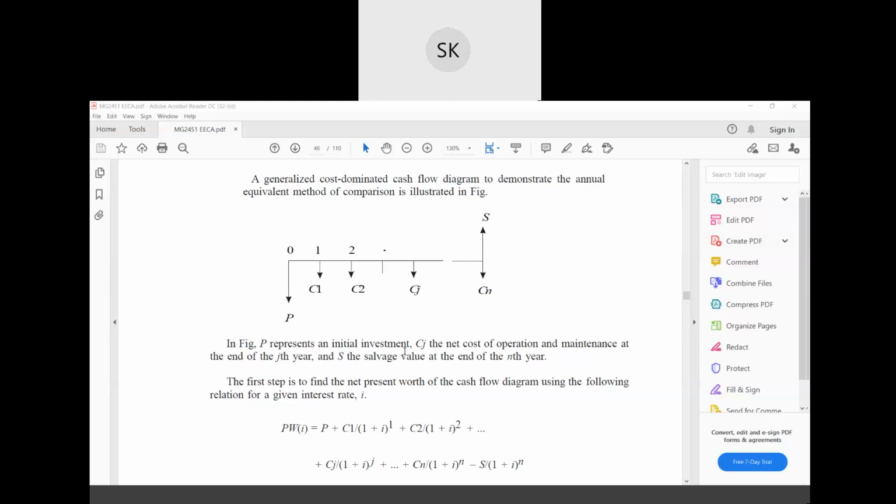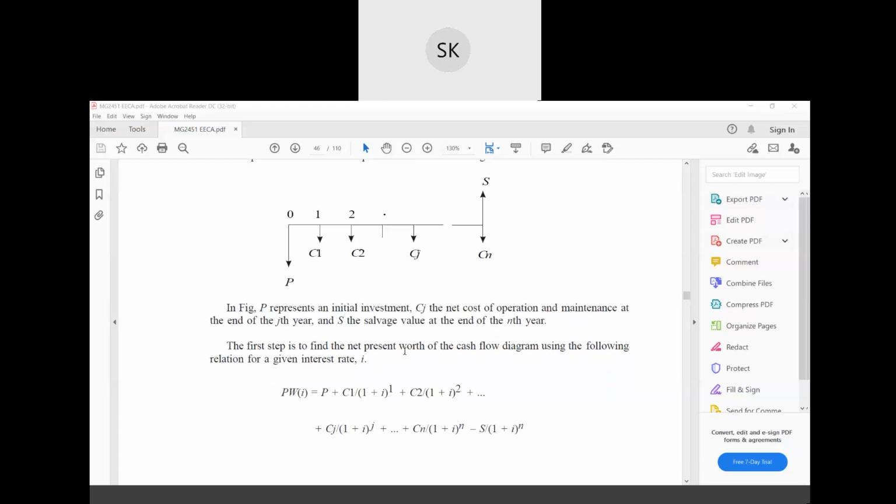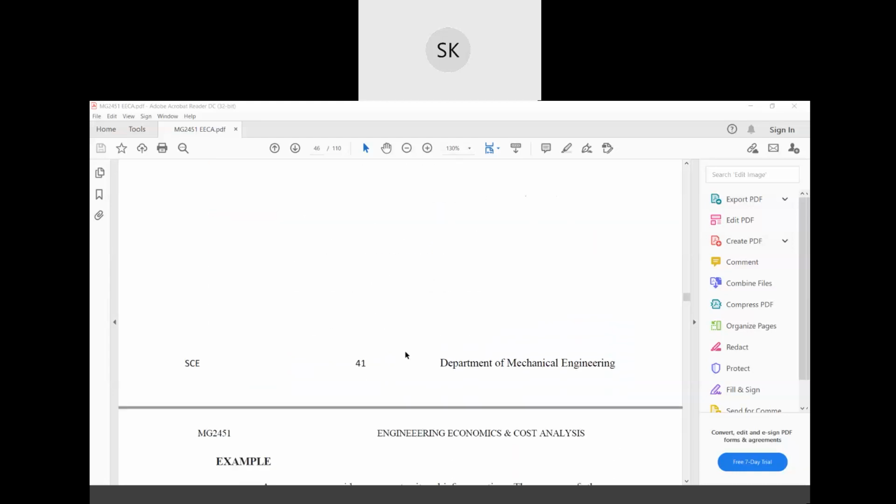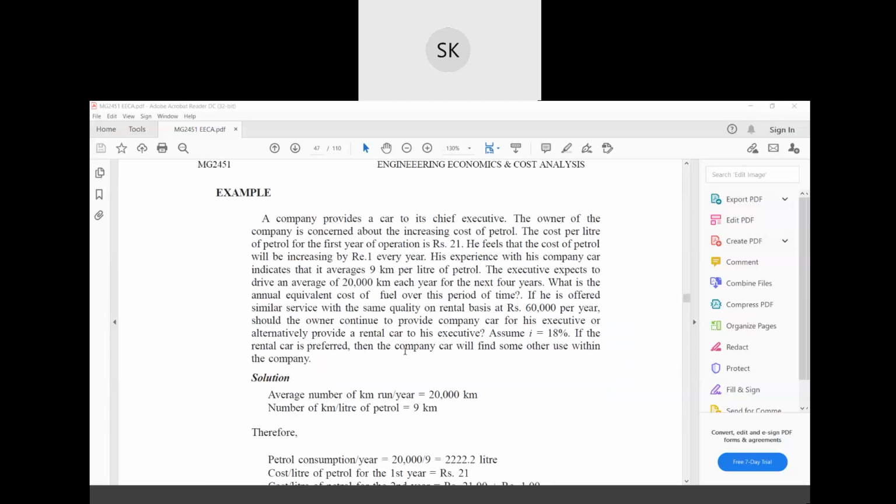P represents initial investment, the net cost of operation and maintenance at the end of every year, and S is the salvage value at the end of the nth year. The first step is to find out the net present worth of the cash flow diagram using the following relation. It is also the same formula as earlier for the revenue dominated net present worth.